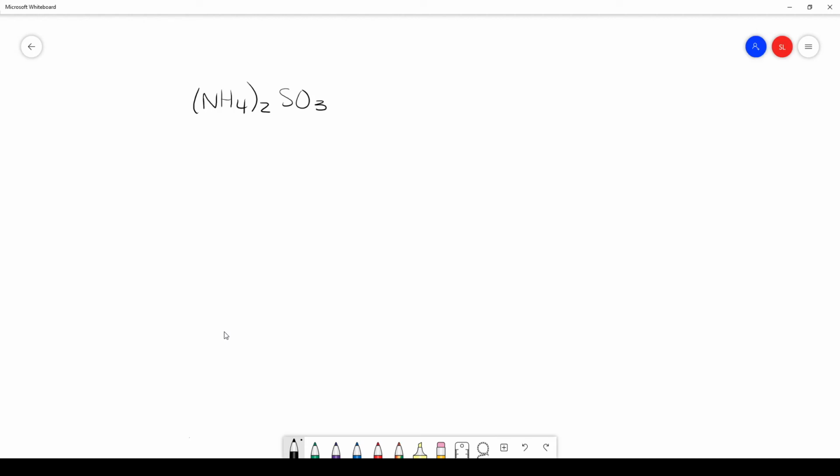But on an exam, you're going to see just a whole bunch of nomenclature problems, right? You'll see some names, you'll see some formulas, and that first important step is to check what kind of compound you are dealing with, so that way you apply the correct set of rules. So in other words, you apply the prefixes like di and tri for molecular compounds, and you deal with ions and charges with ionic compounds.